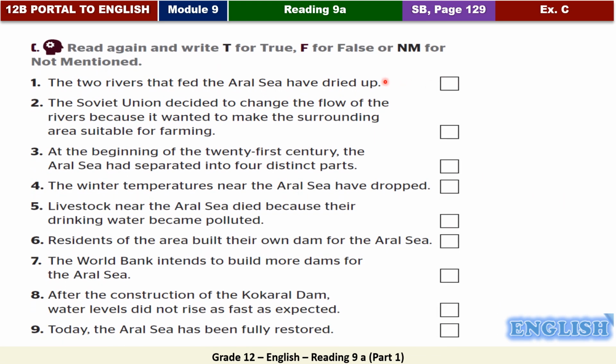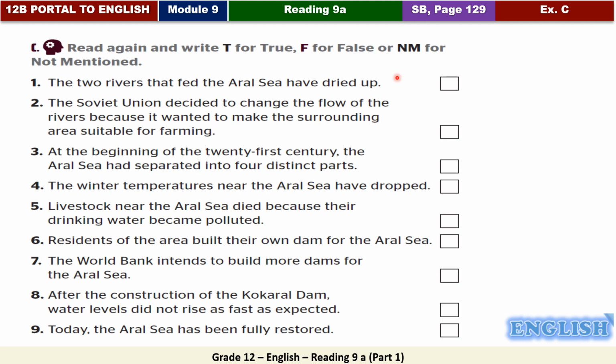Moving to question C, you are going to read again and write T for true, F for false, or NM for not mentioned. Read these sentences, refer back to the text, and try to find the correct option, whether T or F or not mentioned.